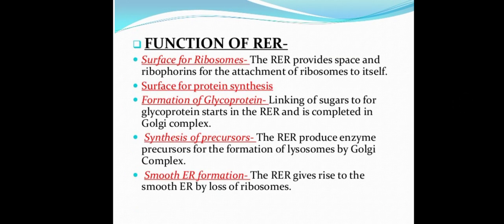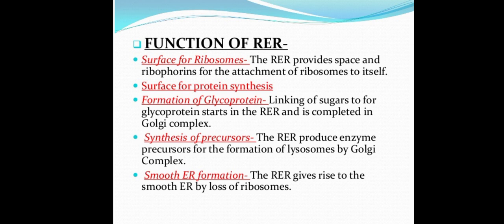Next we are going to learn the functions of the endoplasmic reticulum. Endoplasmic reticulum performs the following functions. The first one is mechanical support. The endoplasmic reticulum divides the fluid content of the cell into different compartments, which gives mechanical support to the cells. Hence it is known as the cytoskeleton of the cells.